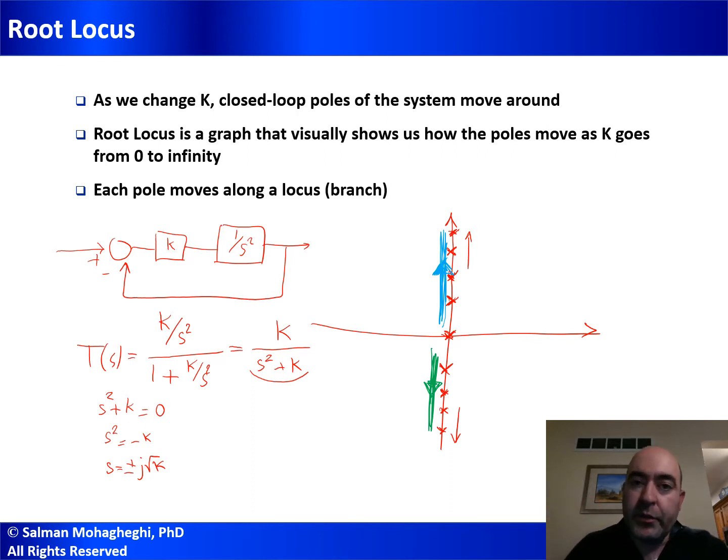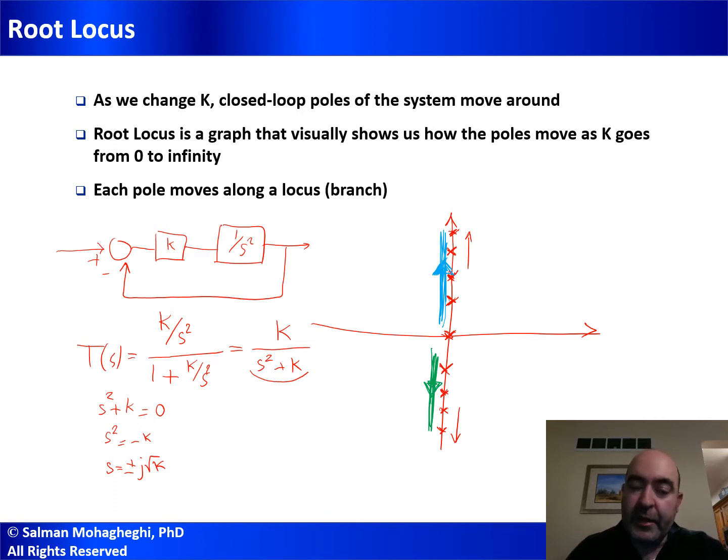There are a few things that I want you to pay attention to here. Notice that the system has two poles because it's a second order system. And here you will see that the root locus also has two branches, one branch per pole. And each branch indicates the movement of one and only one pole. Of course, this is a very simple example, and as you will see later on, if we go to a more complicated system, the direction of the loci or the angles of the loci, these all become more interesting, and sometimes you even start moving towards the right half plane, or sometimes you remain in the left half plane.